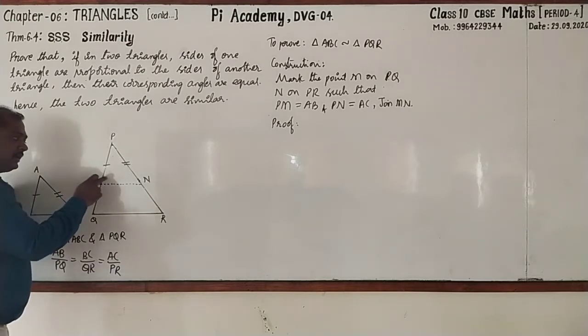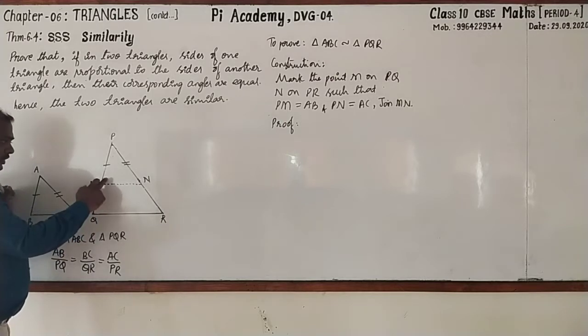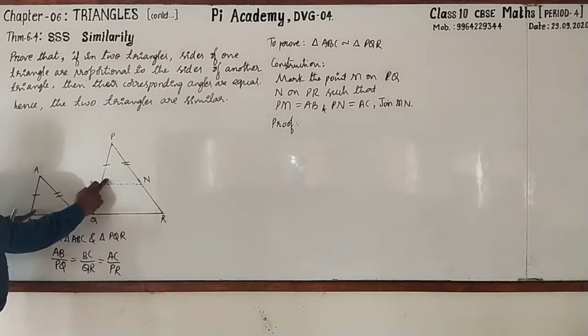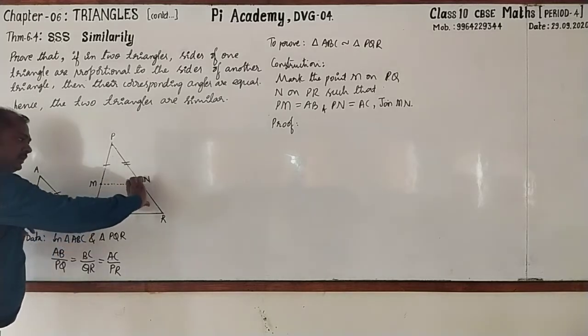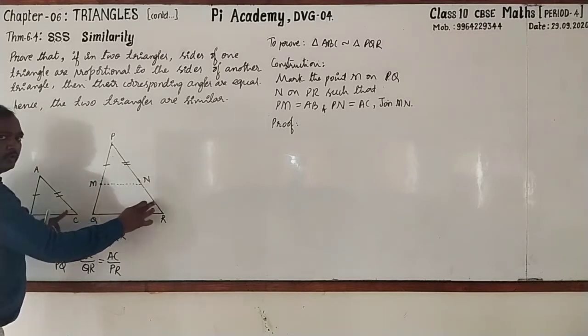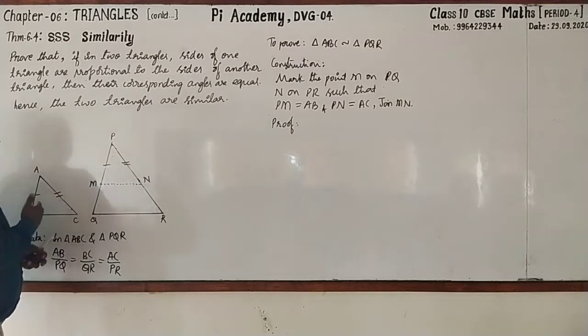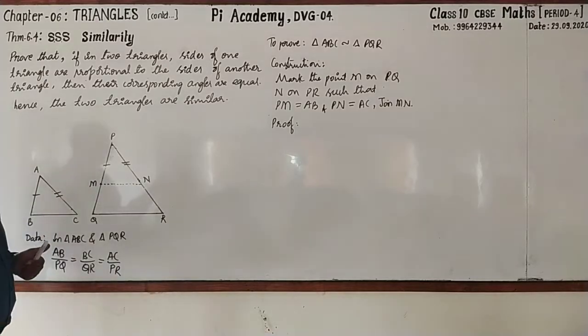Then angle M will be equal to angle Q. If angle M is equal to angle B, then angle B is equal to angle Q. Similarly, N equal to R, and as N equal to C, C will also be equal to R. Followed? The remaining angle A equal to P. The corresponding angles will be equal. Hence, the two triangles are similar.